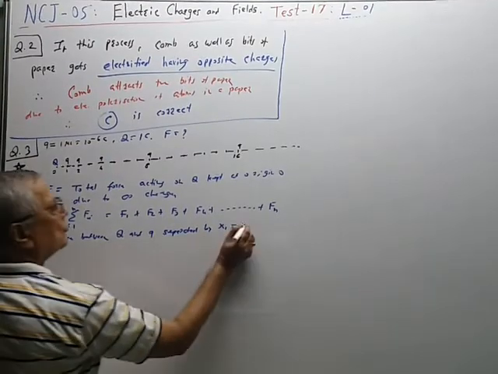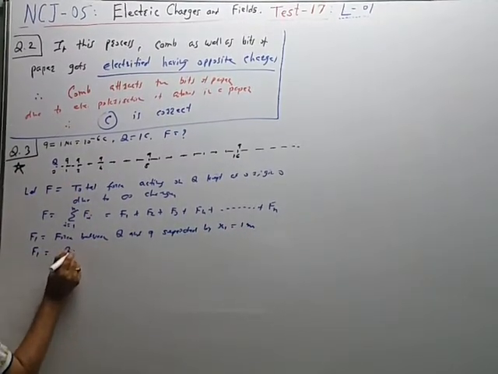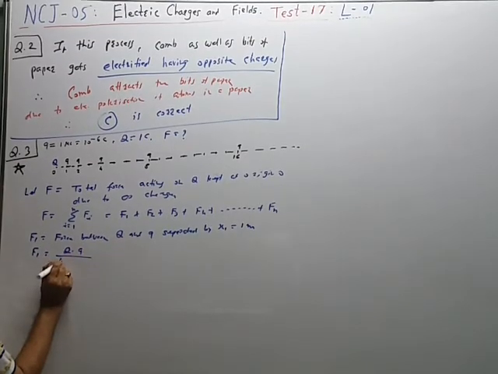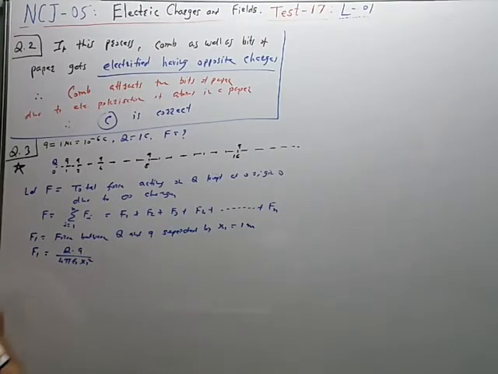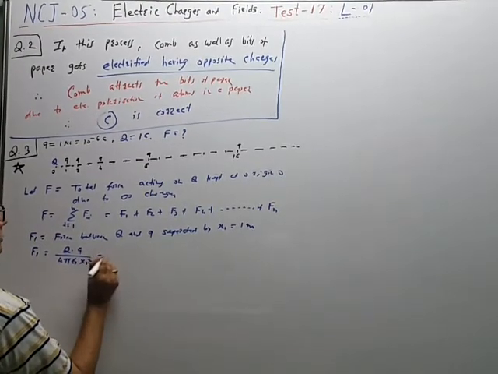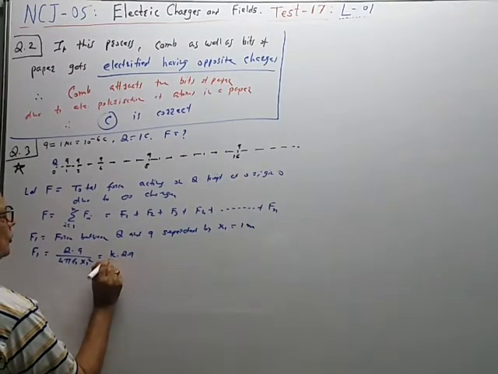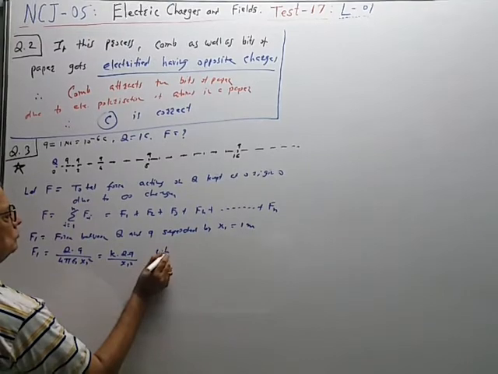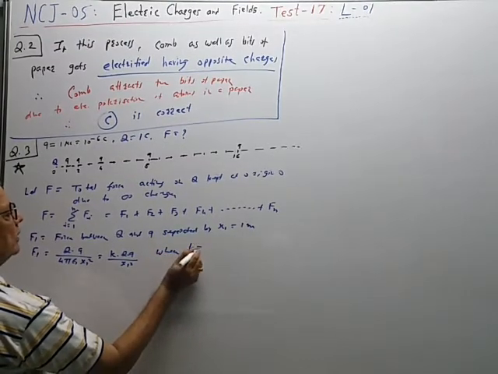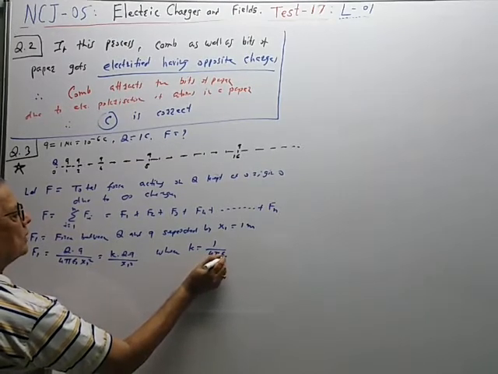Say x1 is equal to 1 meter. Therefore F1 is equal to Q into q upon 4 pi epsilon naught x1 square. So this is equal to k into Q q upon x1 square, where k is 1 upon 4 pi epsilon naught.